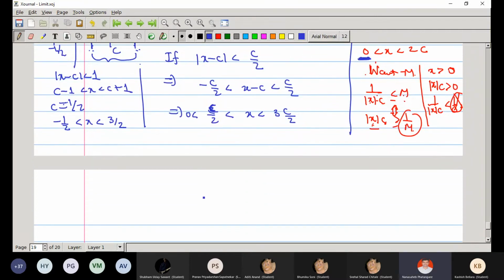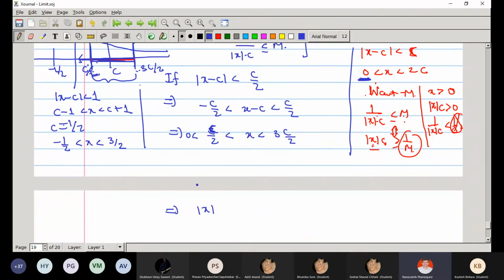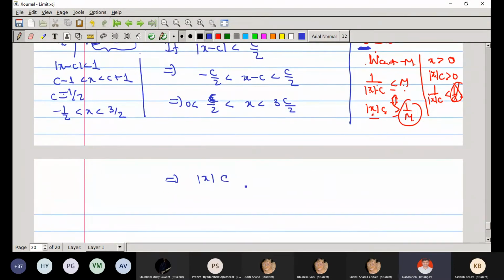Now with this range, x is positive under this restriction. I am looking at a very specific type of x: x lies between c/2 and 3c/2, and therefore all such x are positive, so |xc| is xc.